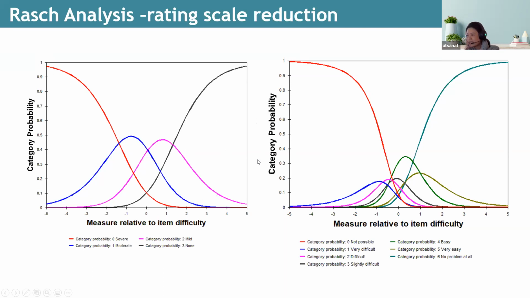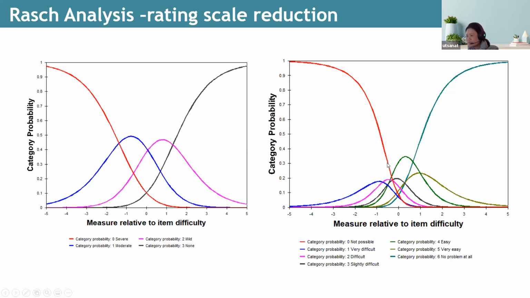But sometimes it is not the case. You can see how messy it is on the right-hand side. This item contains altogether 7 rating scales, and it is not in order, nor in a nice range. Sometimes it's just messy in terms of the order and everything.